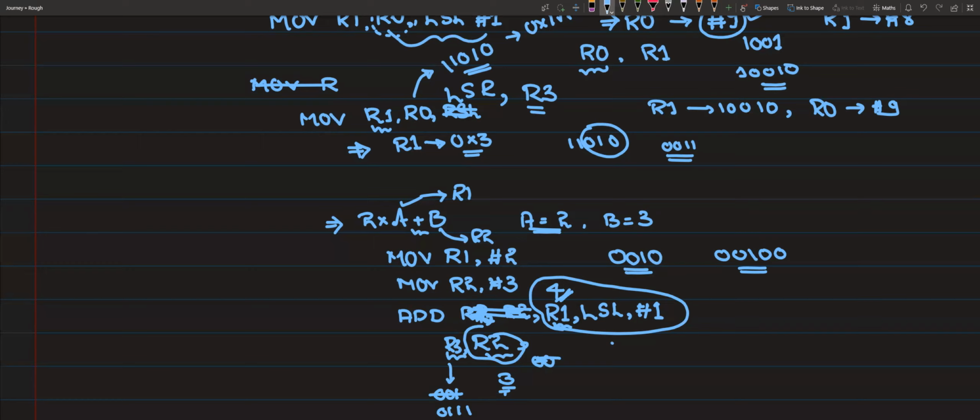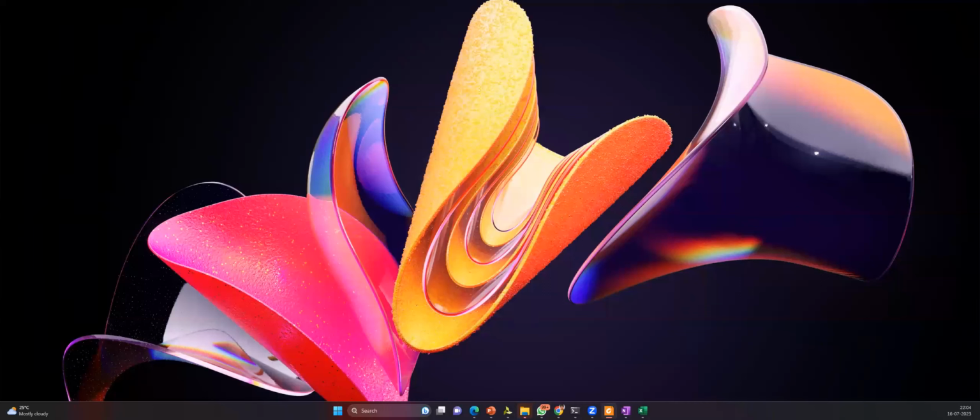So can we have more examples based on this? Yeah, sure. There are actually 2 more instructions which are pending. I'll show you that also.